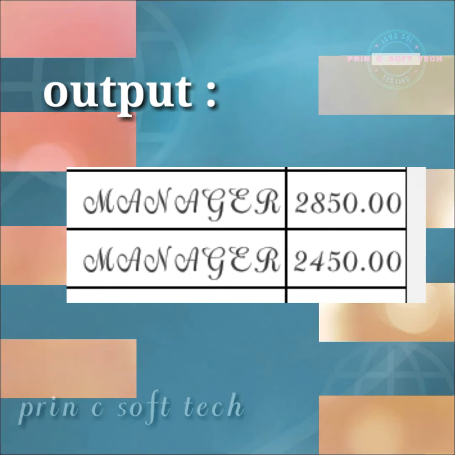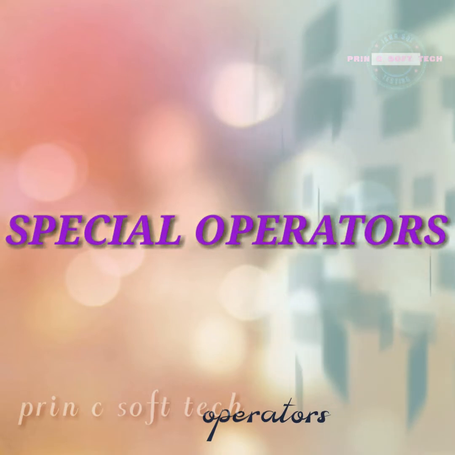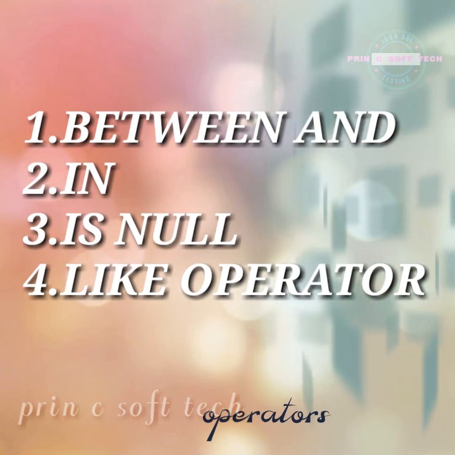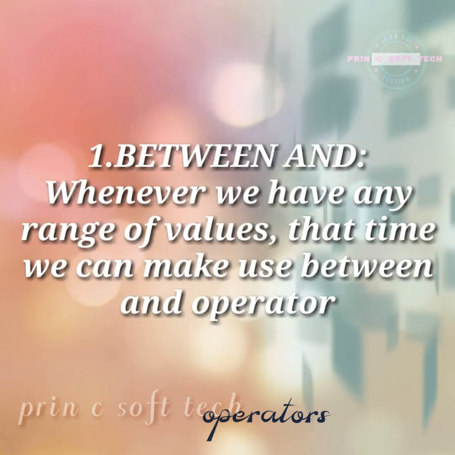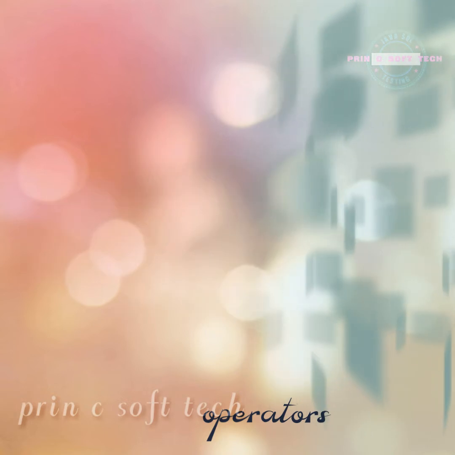Next, we will discuss special operators. The special operators in SQL are between and, in, is null, and like. First, between and. Whenever we have a range of values, at that time we can make use of the between and operator.